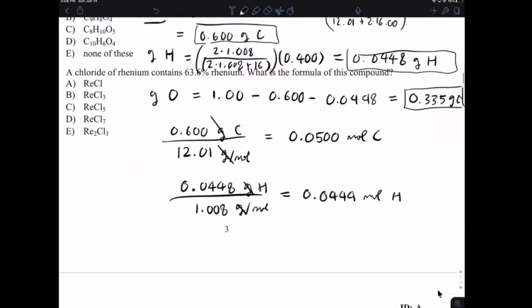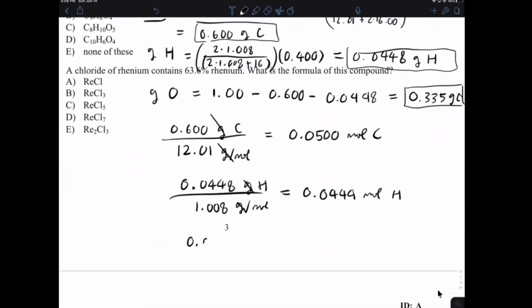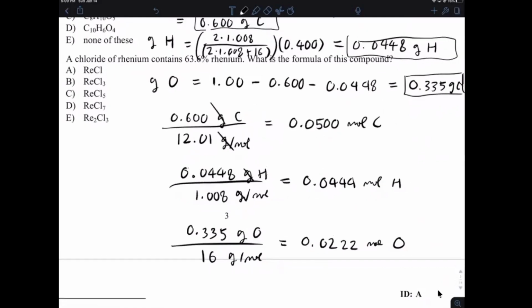And then lastly, for the oxygen, we divide by around 16 grams per mole, and we get 0.0222 moles oxygen. Okay, so from here, how can we find our empirical formula?